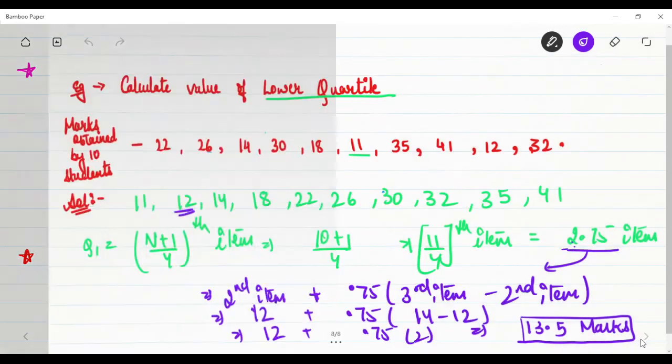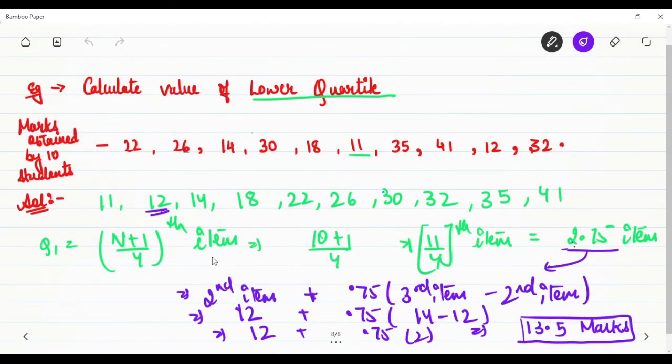In order to calculate quartiles, I am providing you this example to understand quartiles much better. Here we need to calculate the lower quartile, which is Q1. The formula for Q1 is n plus 1 by 4th item. First we need to arrange the given data in ascending order.